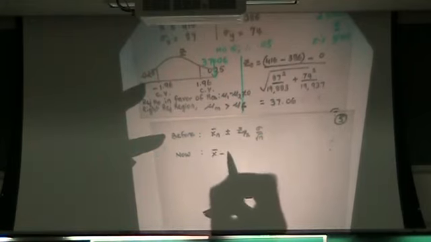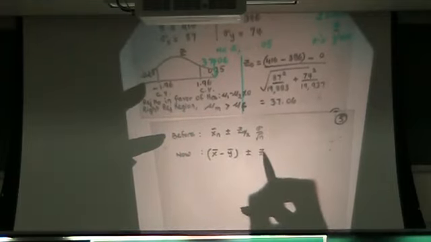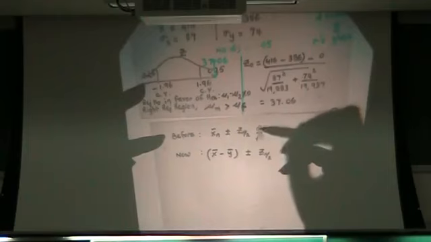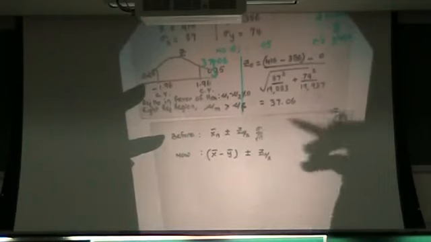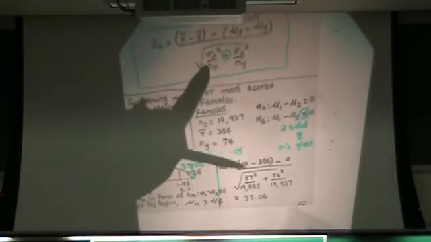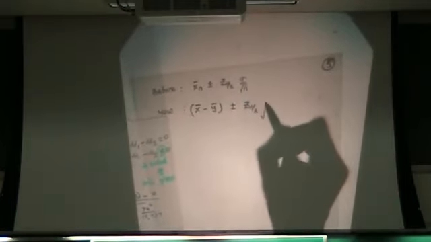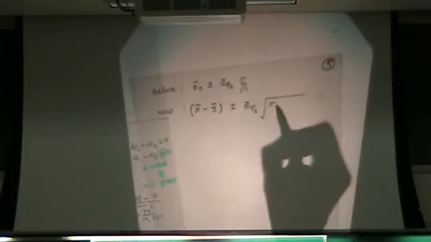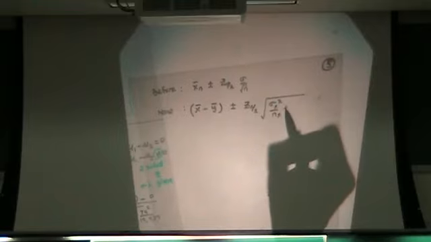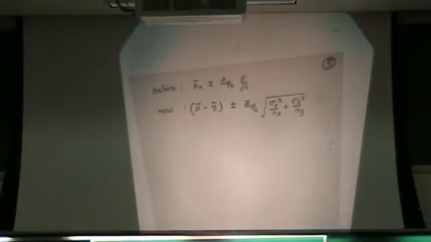So x bar minus y bar plus or minus z alpha over 2, and then not the standard deviation of x bar like you saw here, but the standard deviation of x bar minus y bar, which I just derived right here, didn't I? Wouldn't this term go here? Radical sigma x squared over nx plus sigma y squared over ny. That's it. That's how you make a confidence interval formula, right?